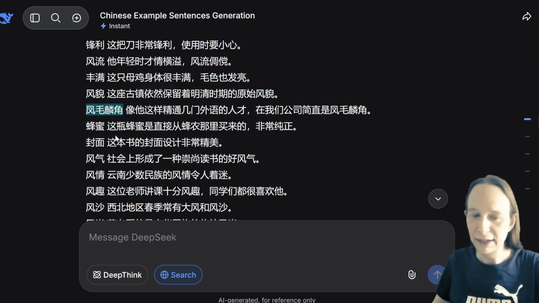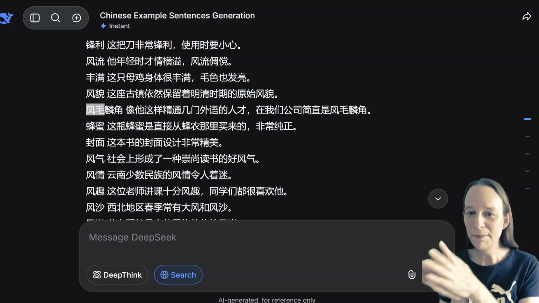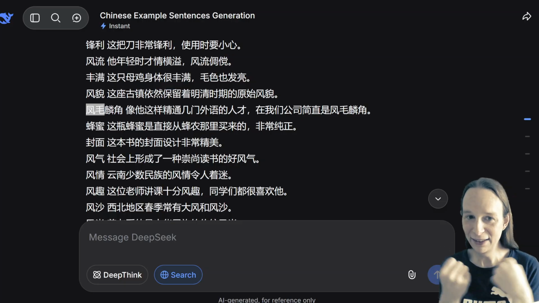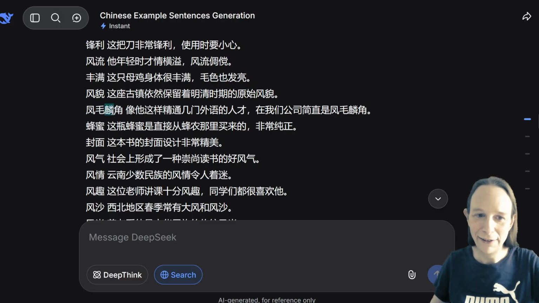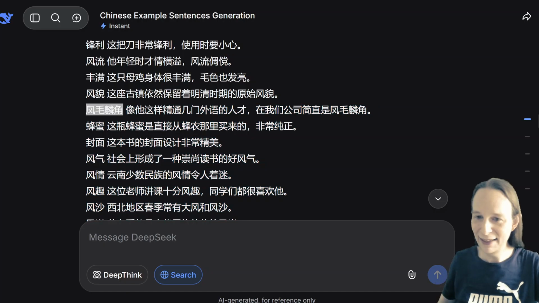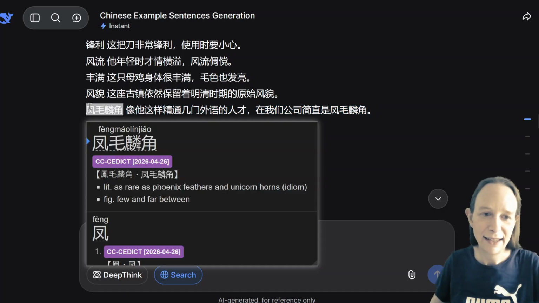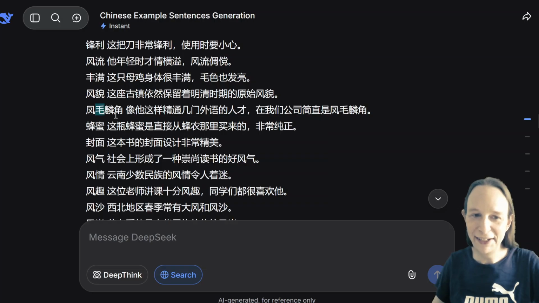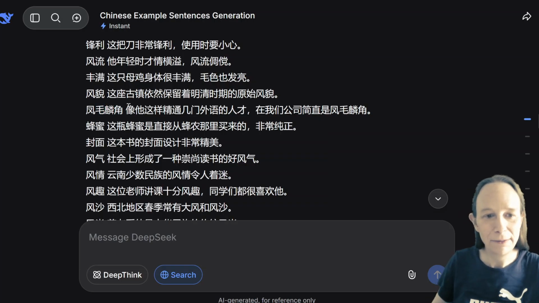Okay, 凤毛麟角. So 凤凰的毛, 羽毛. So feather of the phoenix and the horn of the qilin. What does it mean? I'm presuming it means something like exotic object. As rare as phoenix feather or unicorn horns. So it's an adjective describing things that are rare as a phoenix feather or a qilin horn.